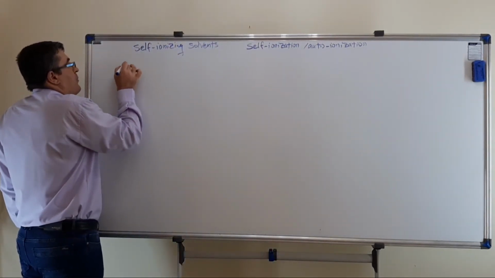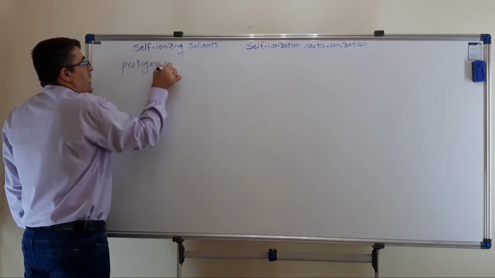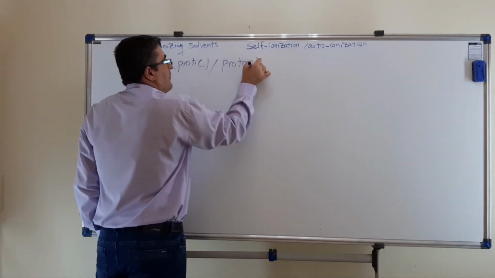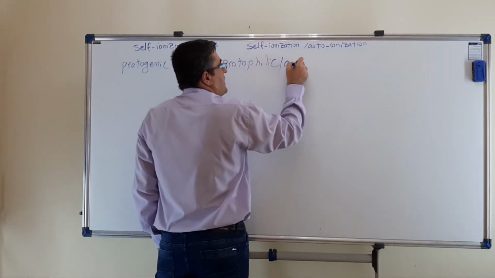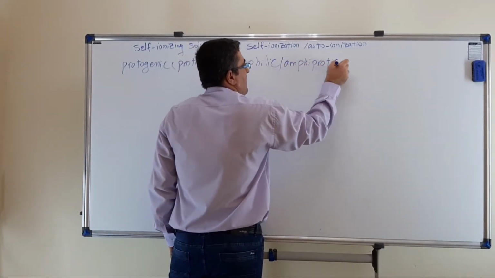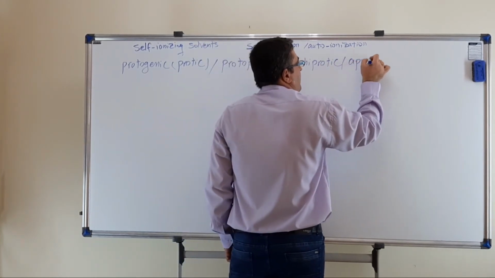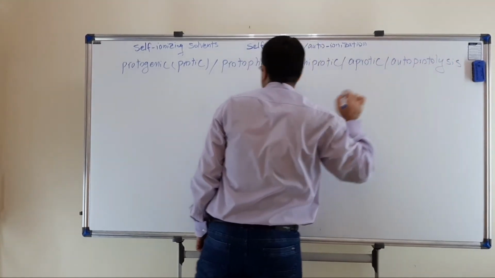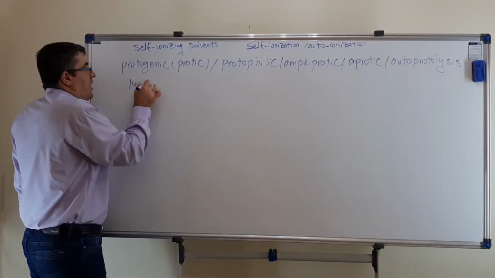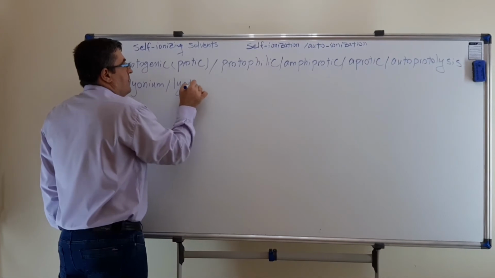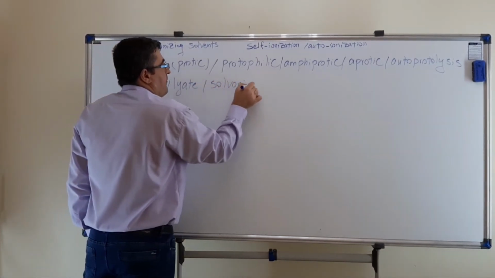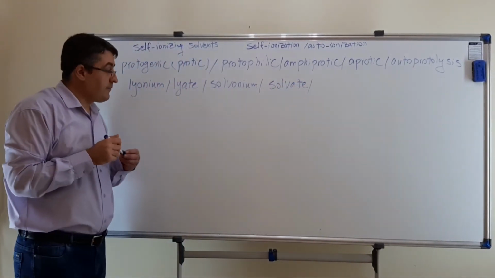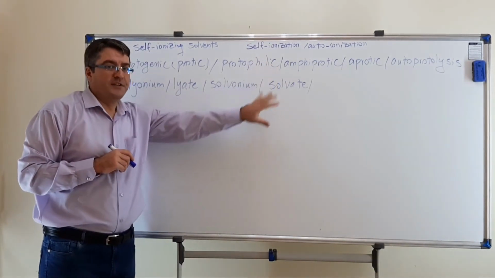These terms are protogenic and its synonym protic, protophilic, amphiprotic, aprotic, autoprotolysis, lyonium, lyate, solvonium, and solvate. These terms are usually used for solvents.